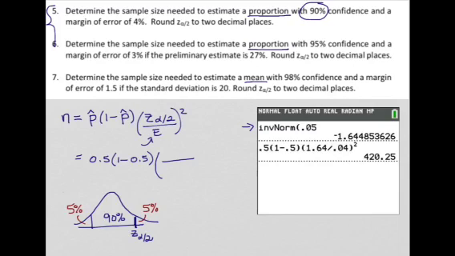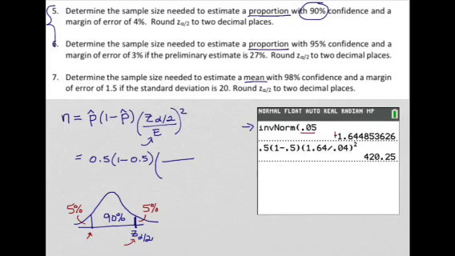So 5%, which is 0.05, you enter that. So we take inverse norm of 0.05, and that gives me a negative, which is actually this value here, but we can just take the negative sign off of there, and that gives us the positive side, z sub alpha over 2. So we can drop the negative.